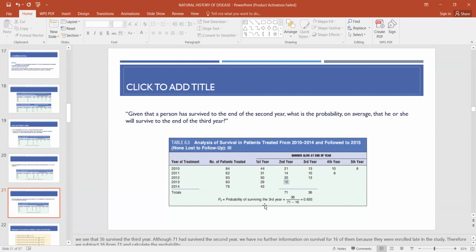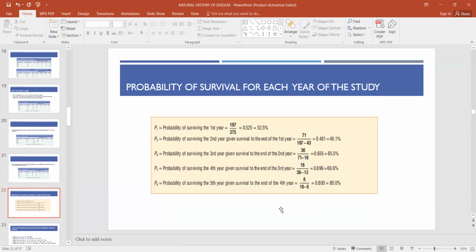So the probability of surviving the third year is equal to 36, who survived after the third year, divided by 71 who survived after the second year, minus 16 for whom we do not have any data, which is equal to 0.655.